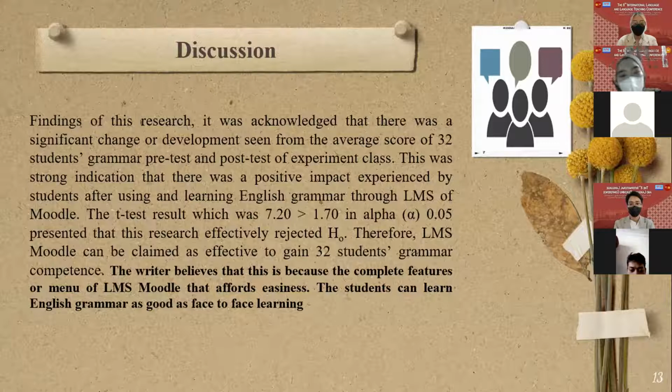First we must do the pre-test, and we know the score of the 32 students, and then we must do the post-test of the experiment class. This was a strong indication that there was a positive impact experienced by students after using and learning English grammar with LMS.